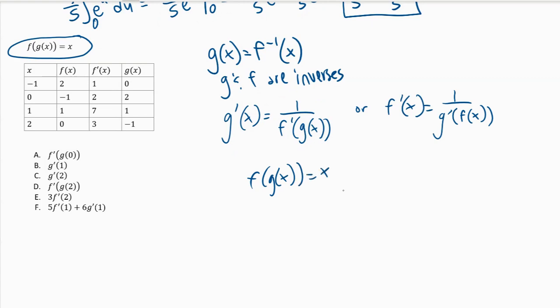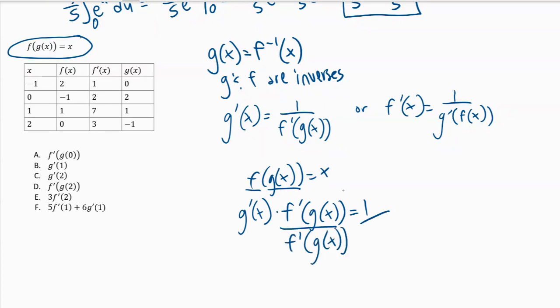Take the derivative of both sides. The derivative of the inside is g prime times the derivative of the outside with the inside still plugged in. Derivative of x is 1. So what is g prime? It's 1 over f prime of g of x. So I just want to remind you, these are just the rules. You do need to know those.